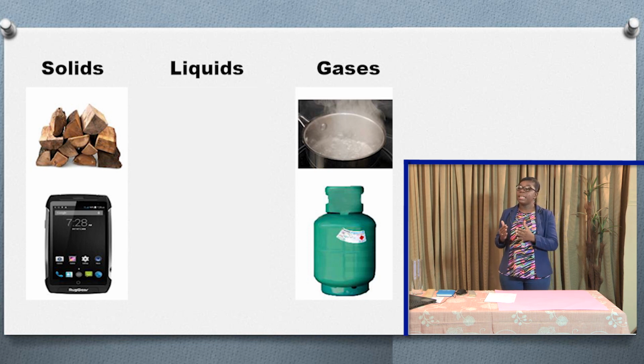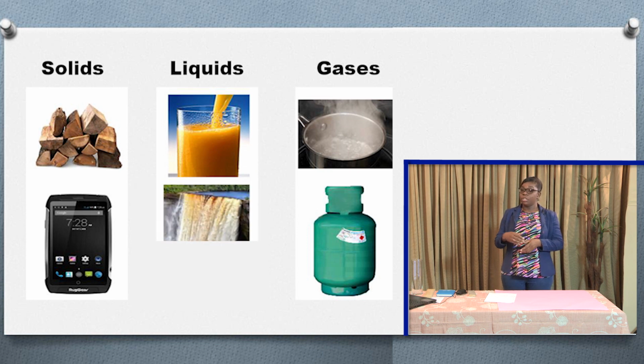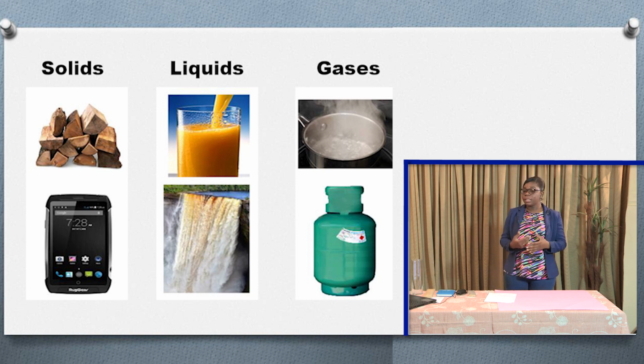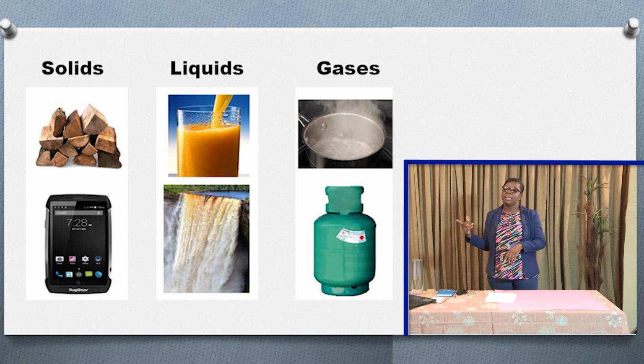That gas provides the energy for the food. Liquids, such as the juice we drink, the water we drink, or water in the river or the oceans, or in the rain that falls. So matter is made up of solids, liquids, and gases.